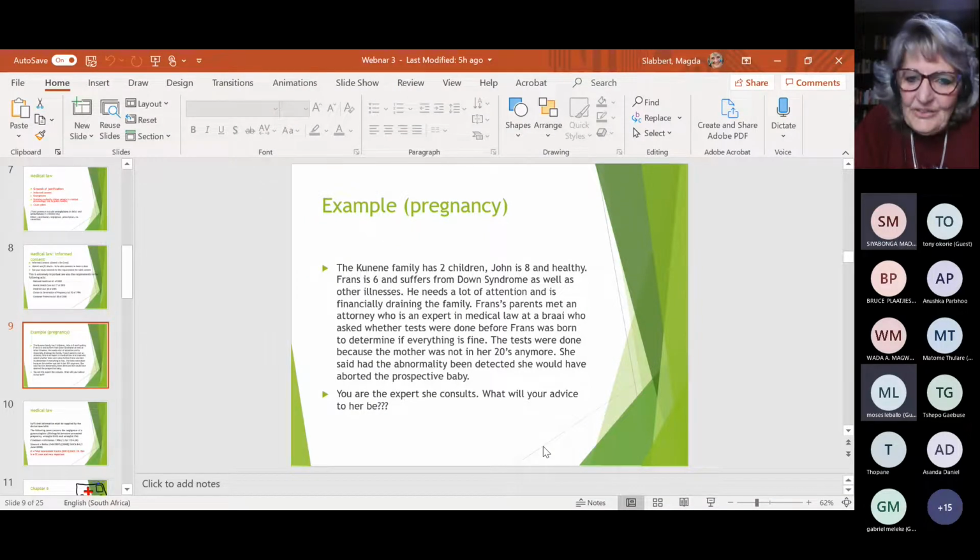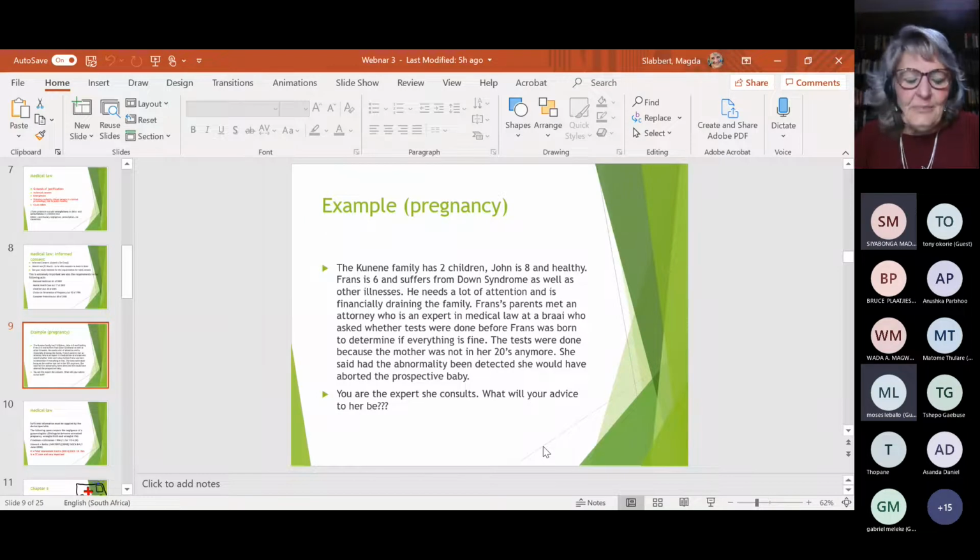So they cannot claim damages or the cost to look after Frans. So the only person in this example that can claim is Frans himself.